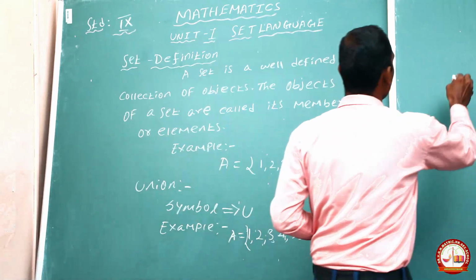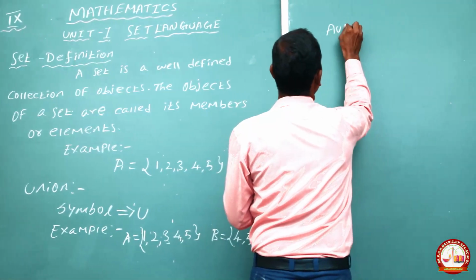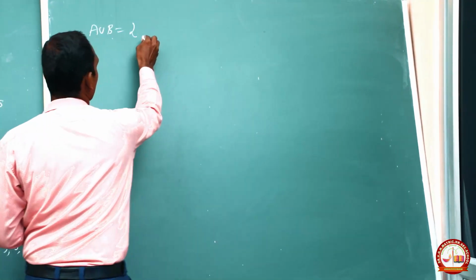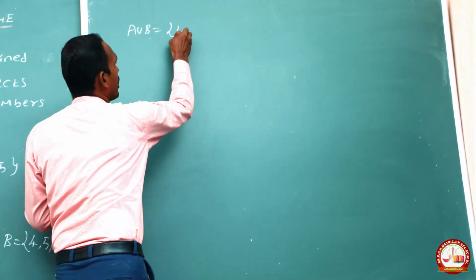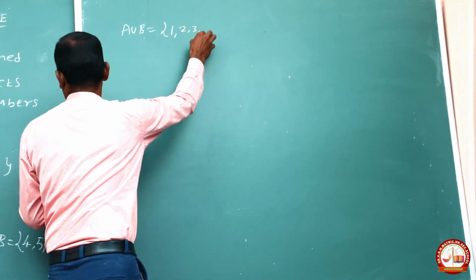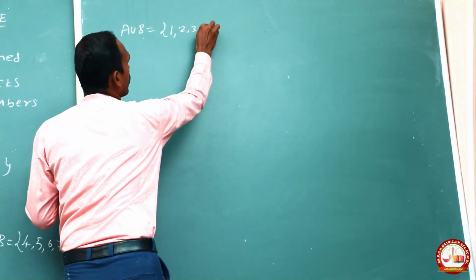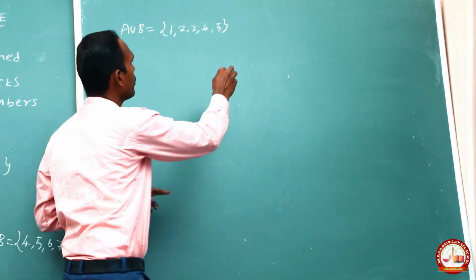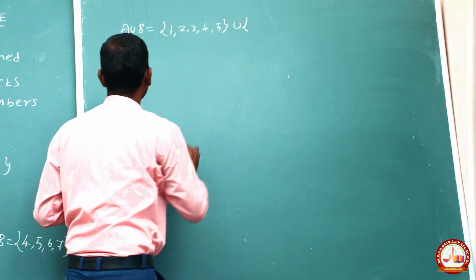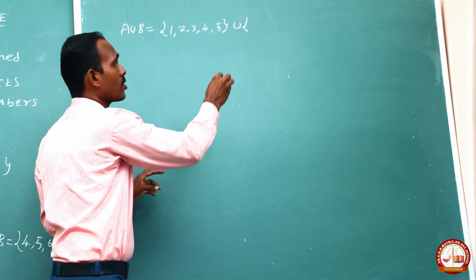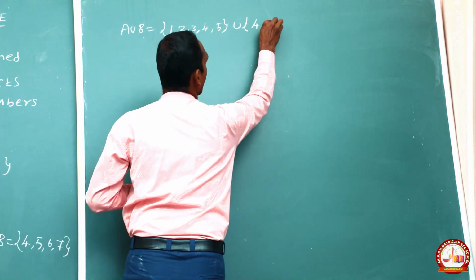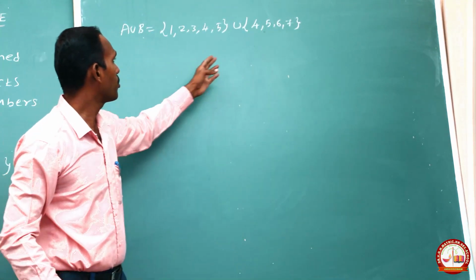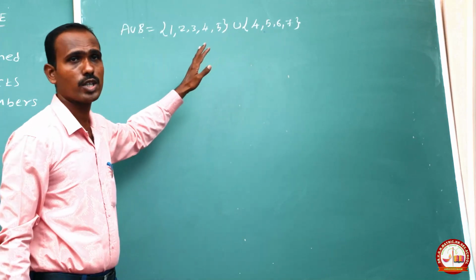So we want to find A union B. A union B equal to, first we write the A set of elements 1, 2, 3, 4, and 5. And then we put the union symbol, and then we write the B set of elements 4, 5, 6, 7. So what is A union B?